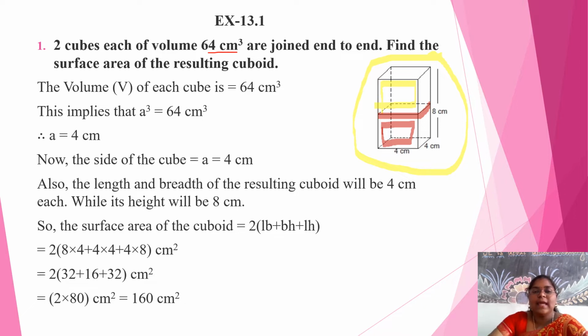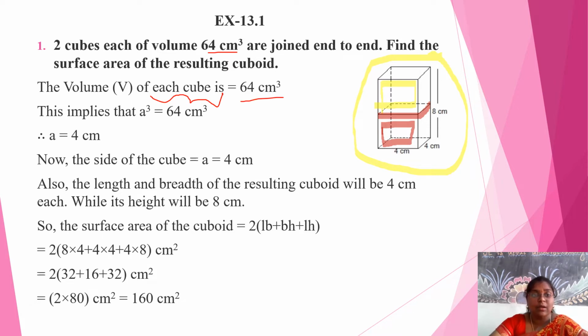Now what they are asking: find the surface area of the resulting cuboid. So now we are having a cuboid with the combination of two cubes. First we have to find the dimensions. So listen. Here they have mentioned that the volume of each cube is 64 centimeter cube.